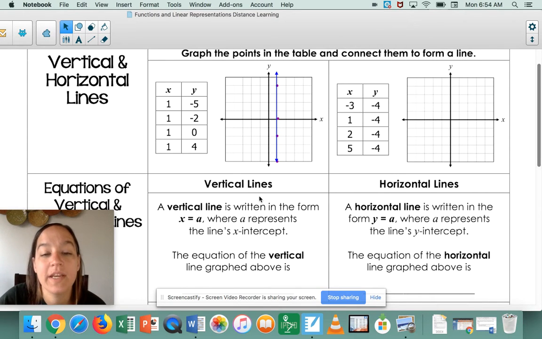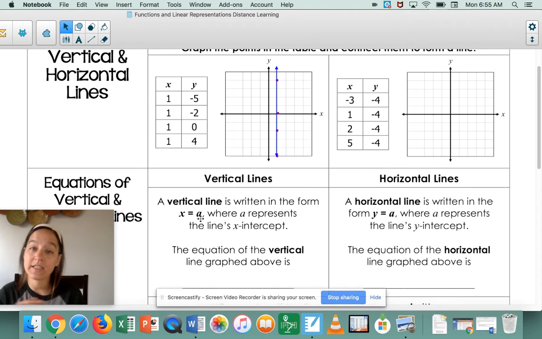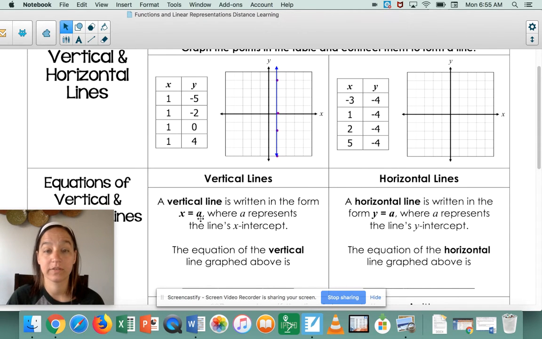So we can make the rule that says a vertical line is written in the form X equals A. So if ever I'm given a formula or an equation, it says X equals whatever, then I know right away it's a vertical line.